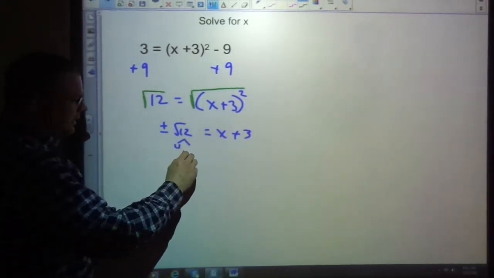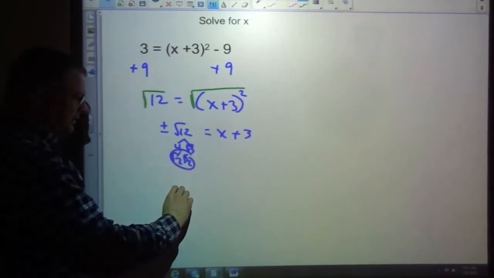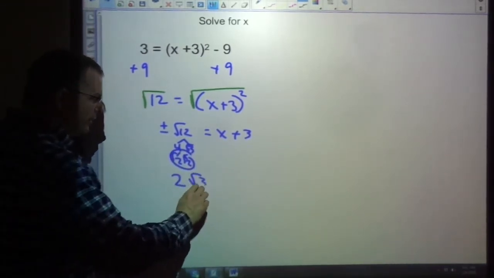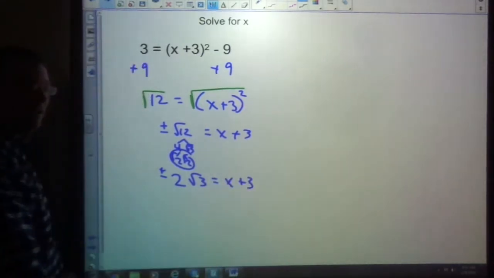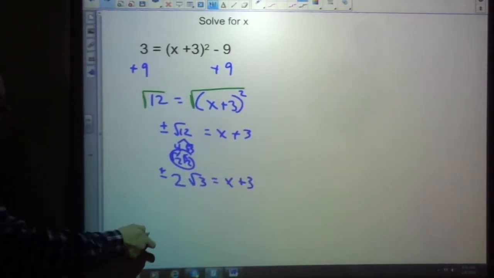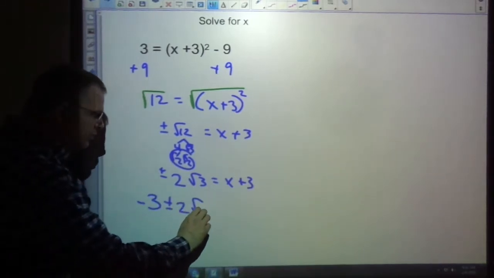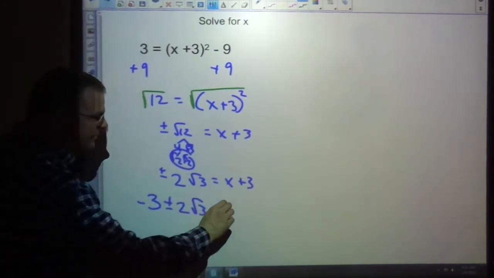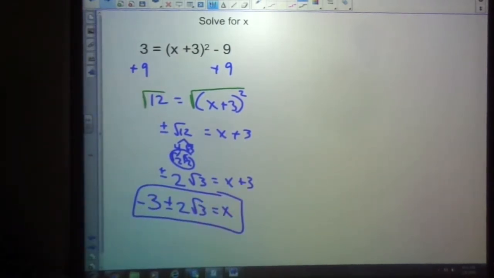Here we go. 4 and 3, 2 and 2. These are all square roots. That is 2 square roots of 3. I need to keep the plus or minus. Now I'll simply subtract the 3. So I have negative 3 plus or minus 2 square roots of 3. That is my exact answer without any rounding necessary.